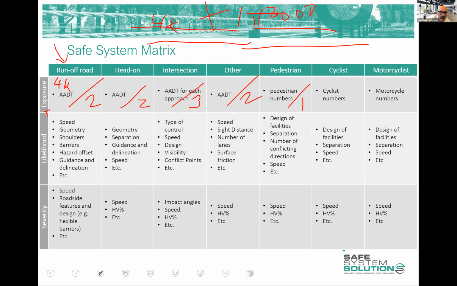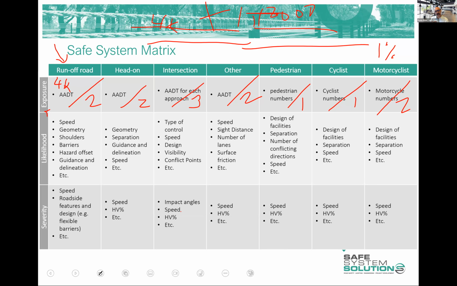Cyclists, same, it's a rural area. We think it's less than 10, so we're going to go a 1. And motorcyclists, without any other information, we tend to use about 1% of AADT. So that's going to be a 2 there. If it's a popular motorcycle route or you've got data behind this, you can alter that.